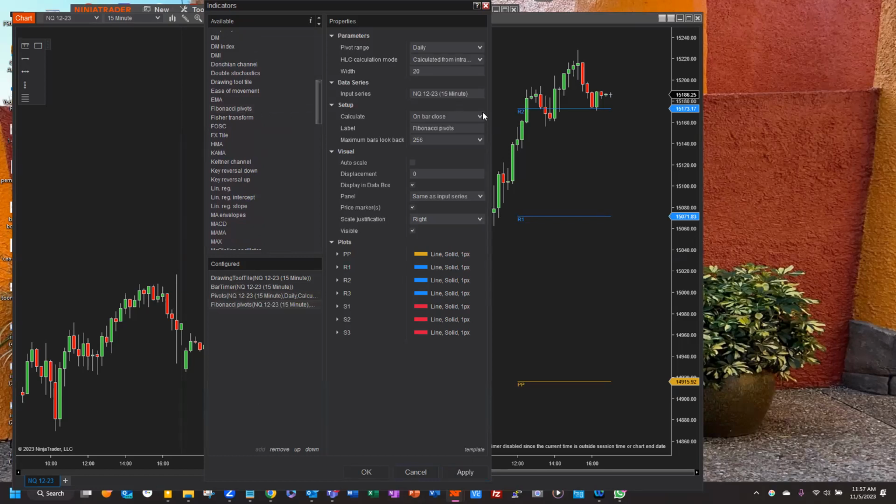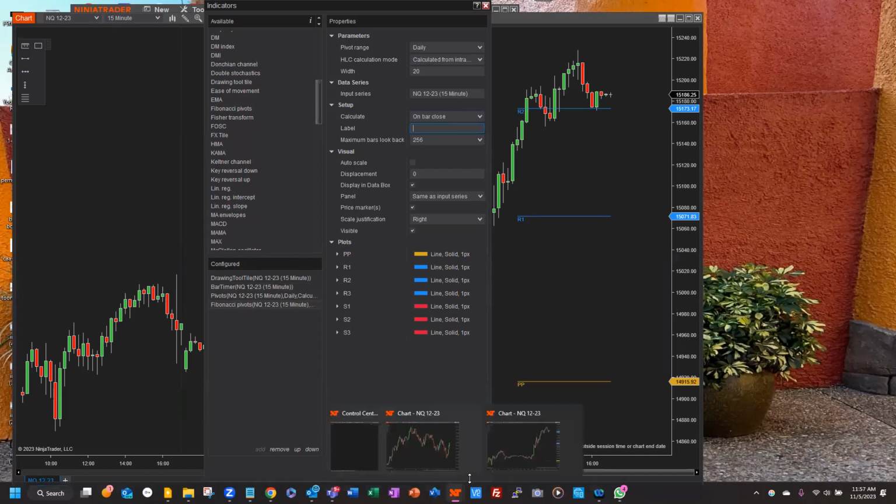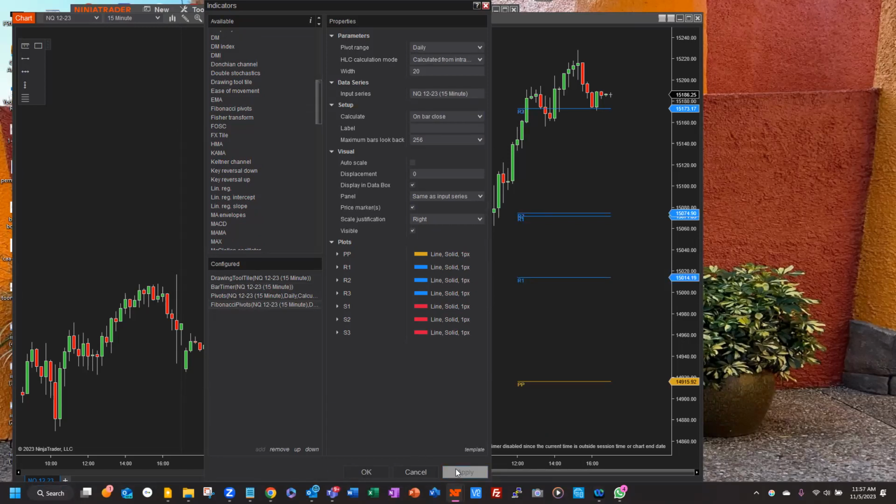Erase your label on the right and apply that. Okay, just say okay for now.